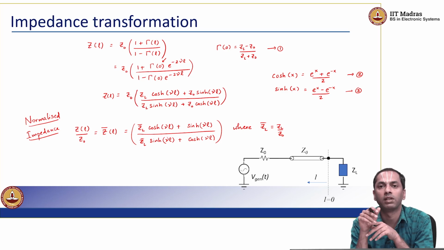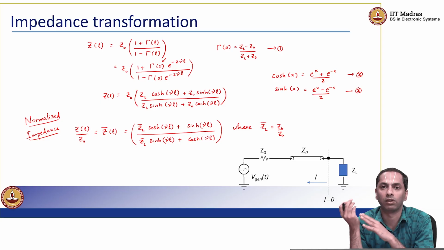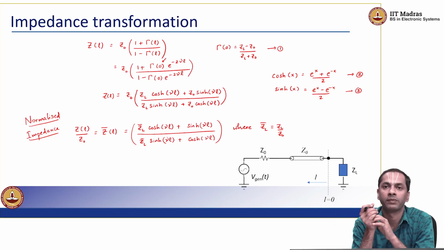The amplitudes of the voltage and current fluctuations are now position dependent quantities, which appears as though if I were to locally measure the voltages and currents, it corresponds to a particular load that is not the same as the load connected at the end of the transmission line, but a different load. And this different load is what we call the transformation.